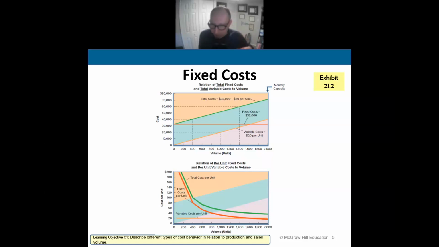And that's going to be the same. I got labor, I got materials. Stays the same for each unit. But, as we saw earlier on the one above, the more units I produce, the higher that total variable cost is.